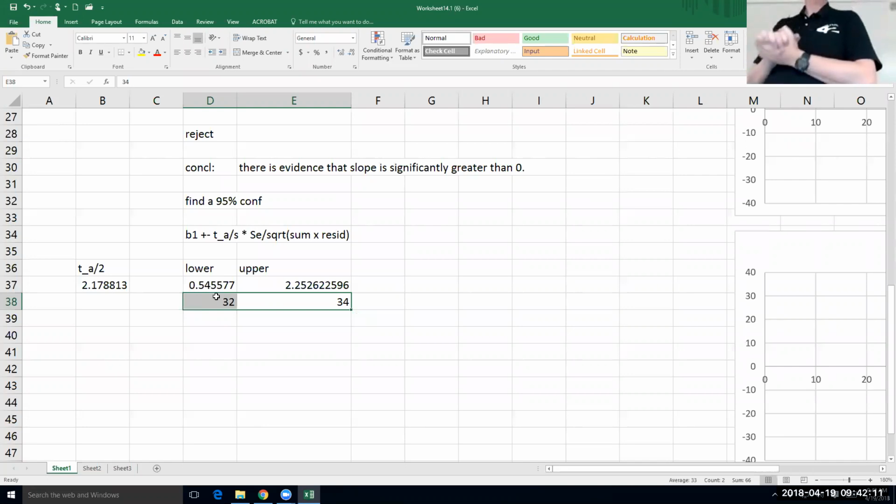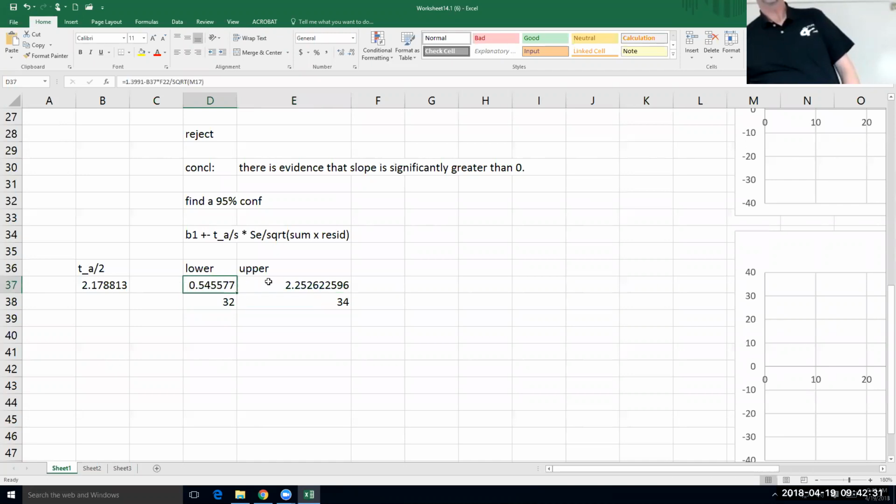Would 32 to 34 show me that my slope was significant? Yes, it would. Why? We got to get the volume up. It doesn't have 0 in there. Okay? So in both of these cases, 0 is not in the interval. Because 0 is not in the interval, it is significant. It shows significance.